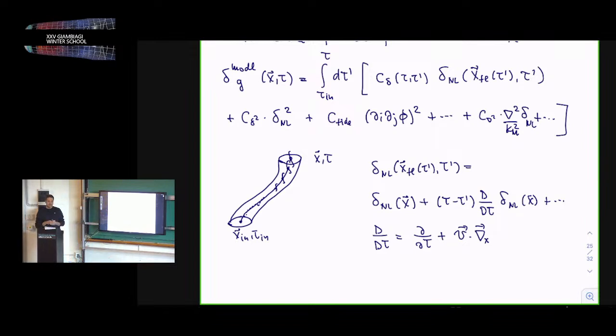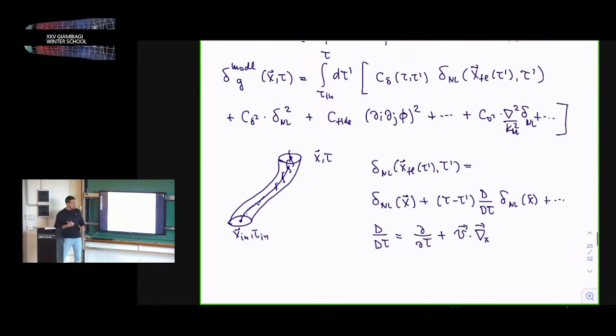So you can reorganize this term in a way which is a bit simpler to use in practice, where basically you can expand all these fields, take their time dependence perturbatively, then use the equations of motion for dark matter to find all these time derivatives, plug everything back, and you will get a bunch of terms that appear at a given order in perturbation theory with some complicated time dependence, which now you can collapse into a single coefficient evaluated at the late time.